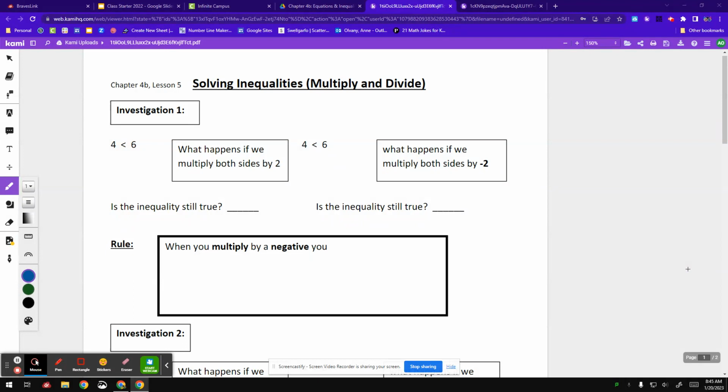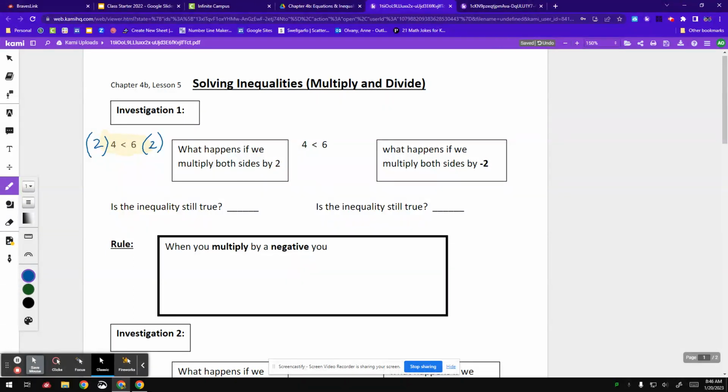And here's why. Notice that this is a true statement right here. 4 is less than 6. You agree? Now, I'm going to multiply both sides by 2.